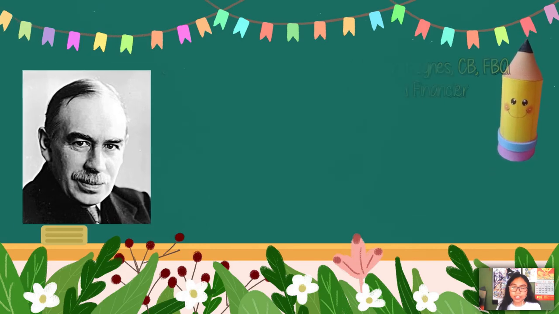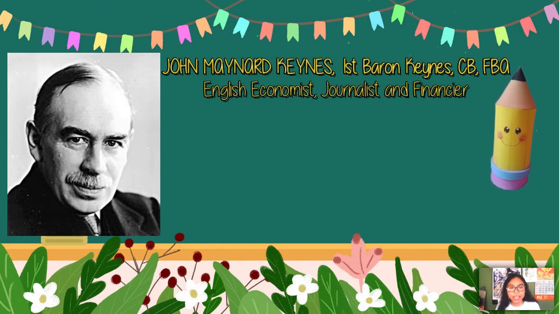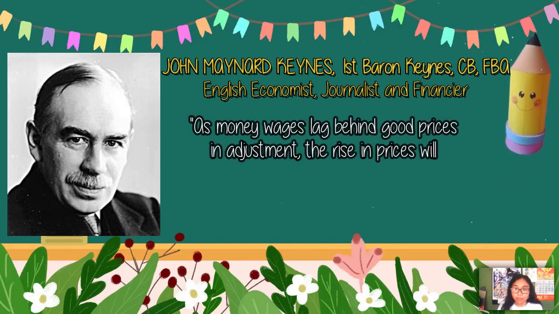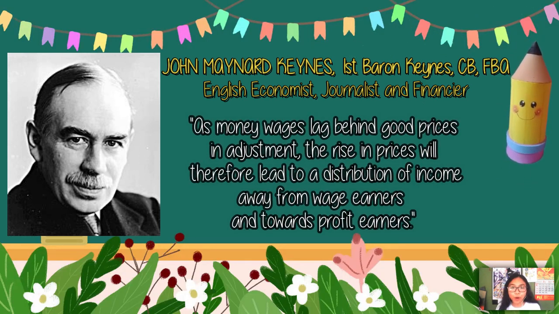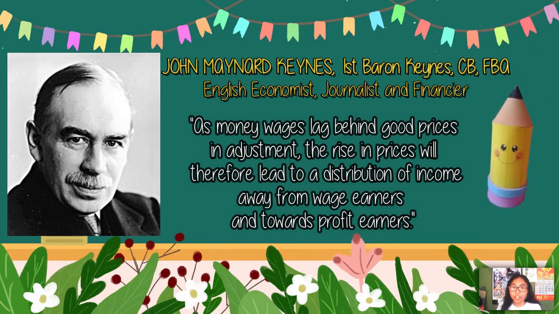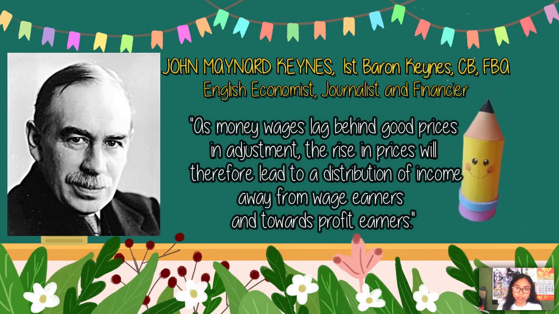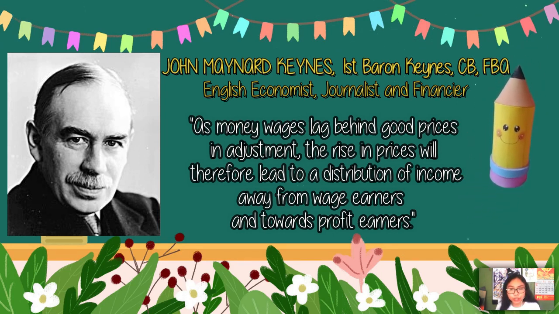Keynes's argument in the year 1940 can be restated as follows. As money wages lag behind goods prices in adjustment, the rise in prices will therefore lead to a distribution of income away from wage earners and towards profit earners.